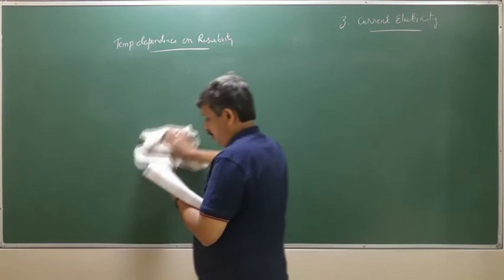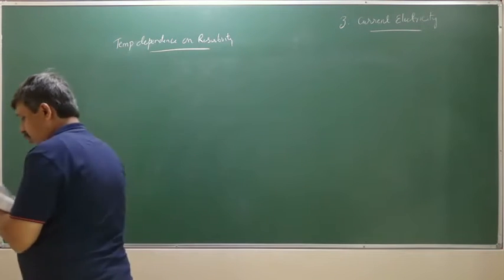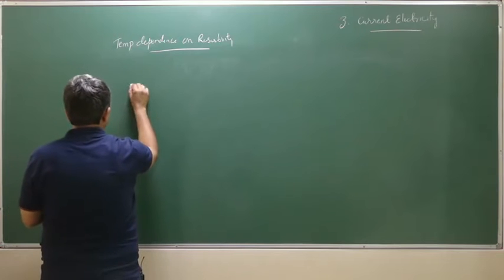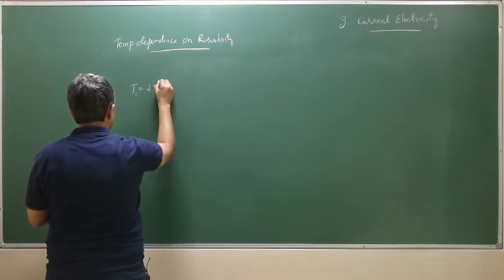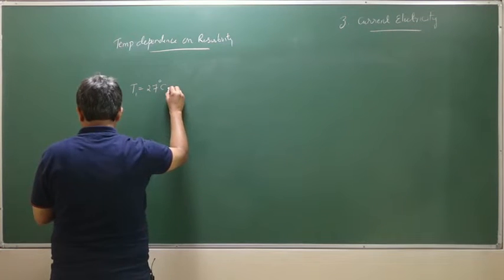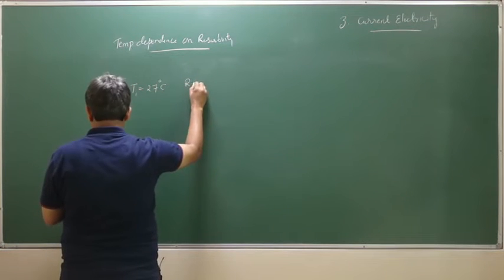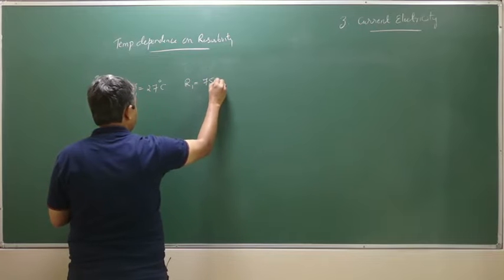So at room temperature, at T equal to T1, basically 27 degrees centigrade, the resistance R1 is equal to 75.3 ohms.